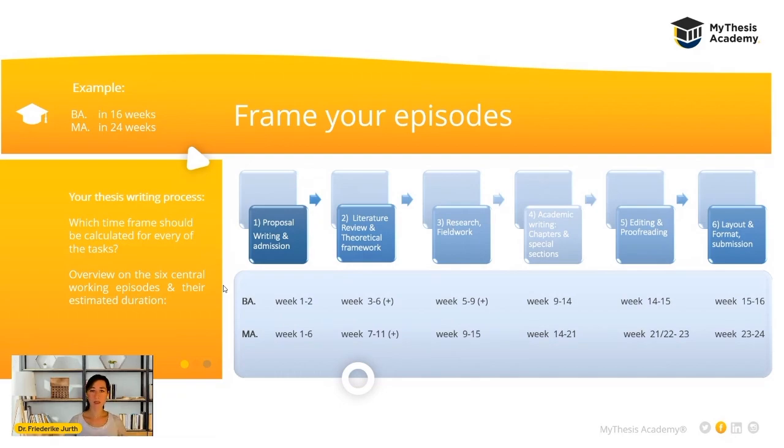You can start to do this in draft form, and then you will get more and more to the detail and the formulation of the sentences.